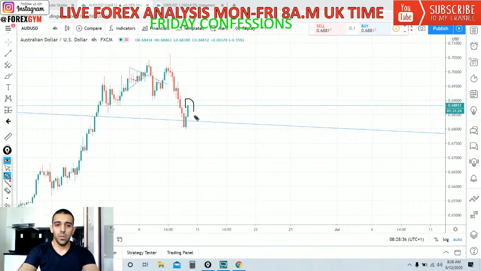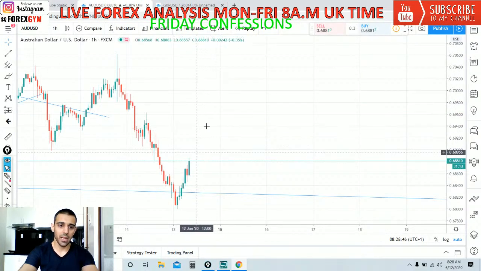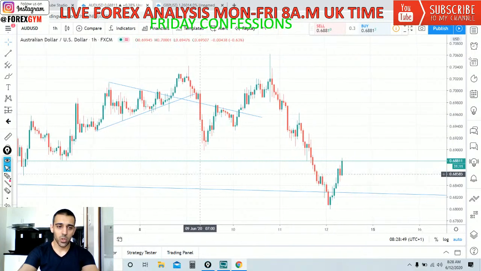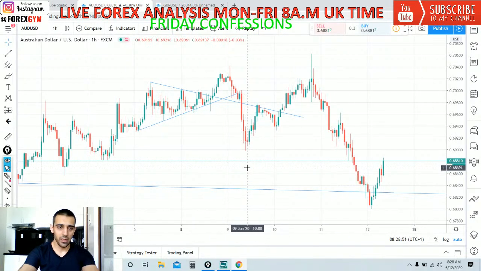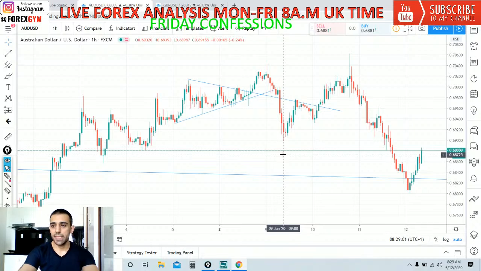First of all, I do want to see the 4-hourly close without getting into that 6900 zone. If the price does that, which is a big if, then the price has to retrace down to this level, about 68.72.